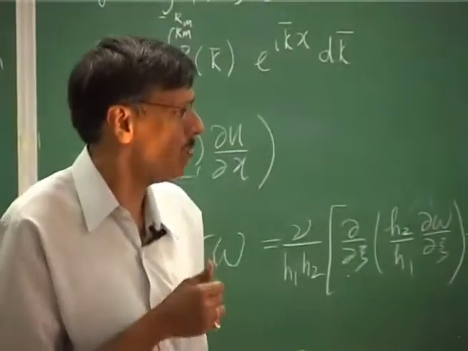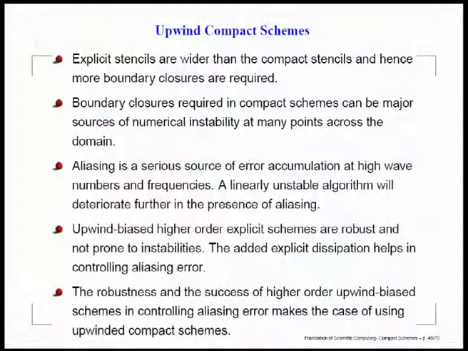And there we found that if we take higher order upwind schemes, explicit schemes, they are quite robust, and they have this tendency to suppress numerical instabilities, because upwinding involves an implicit dissipation term, right?